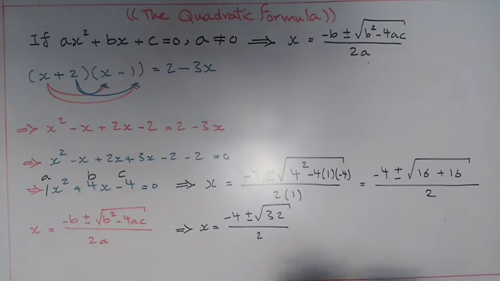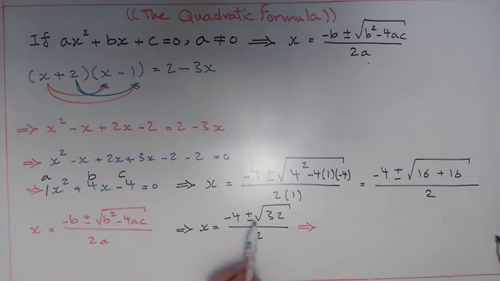Now, as a result, my two x values are negative 4 plus the square root of 32 over 2 and negative 4 minus the square root of 32 over 2.